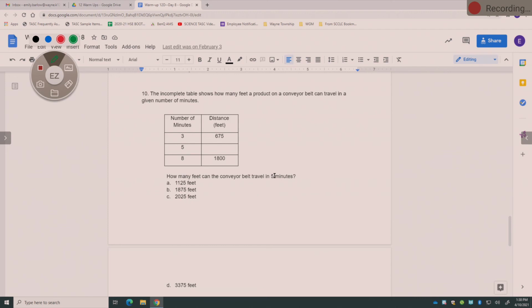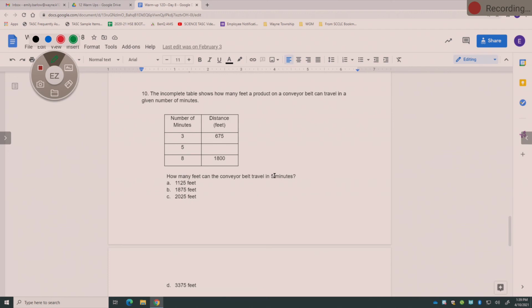Okay, this incomplete table shows how many feet a product on a conveyor belt can travel in a given number of minutes. So I've got the number of minutes and I've got how far it can travel in those minutes.